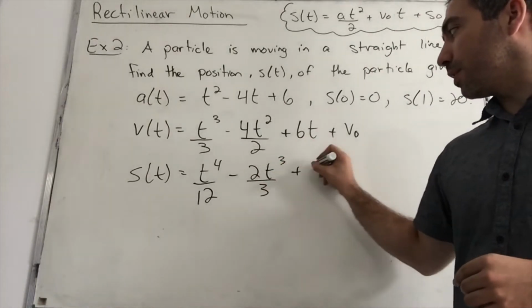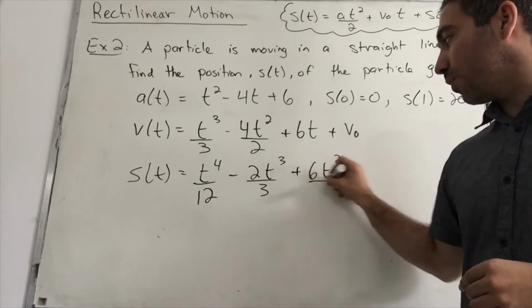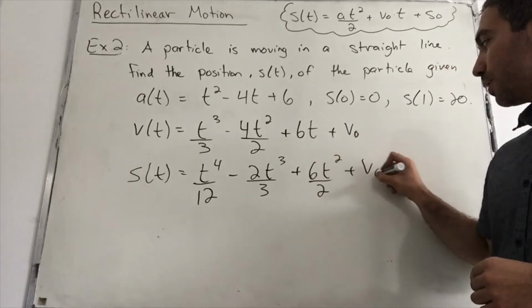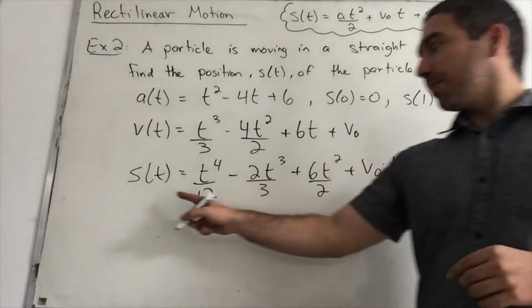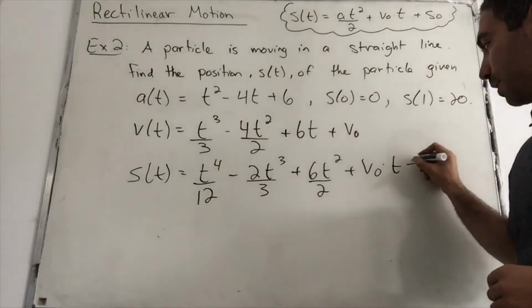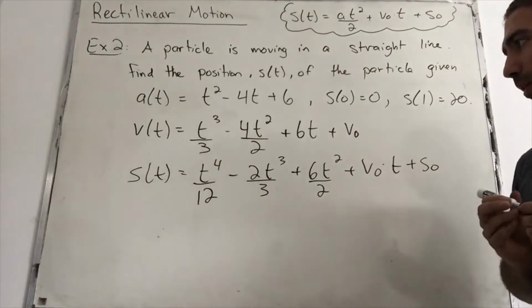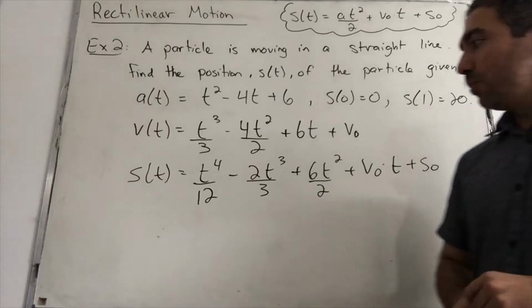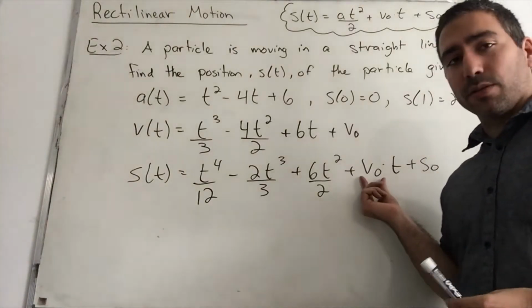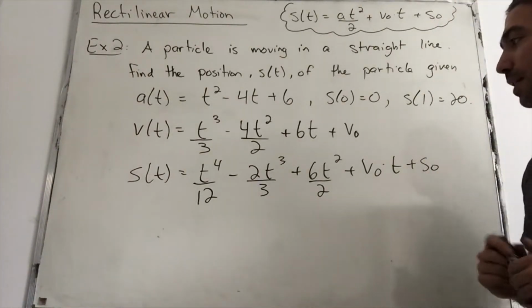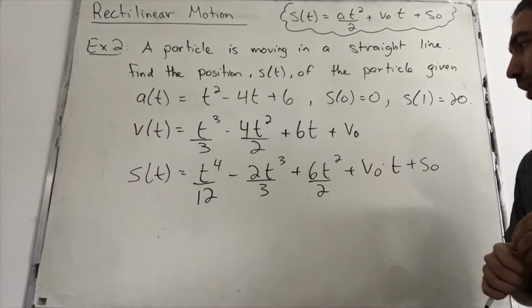Here we have plus 6t squared over 2, plus the initial velocity times t, and we have to add our constant, which in this case is plus S0. Okay, so we have our two constants to go find. We have to go find our v0, the first constant, and the second constant is S0. Okay, so let's go ahead and do that.